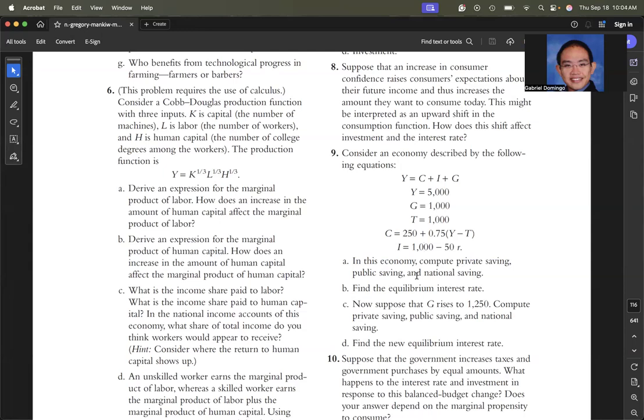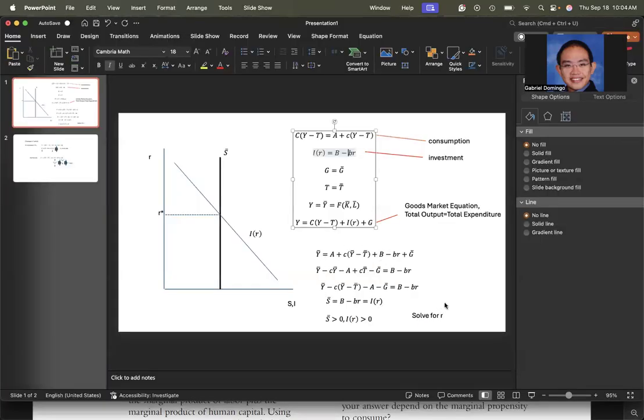Before you leave this chapter, make sure you consider doing this numerical question. And perhaps even better, try to start with this and then change the Y bars, the T bars, and the G bars into a number, with an S bar which is greater than 0. So you can come up with your own combination of numbers.